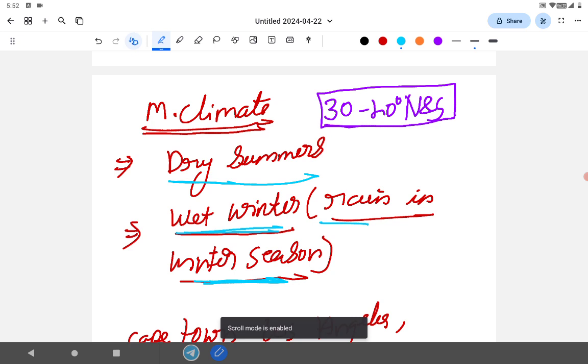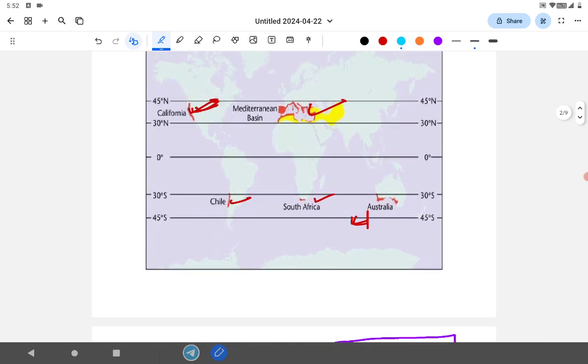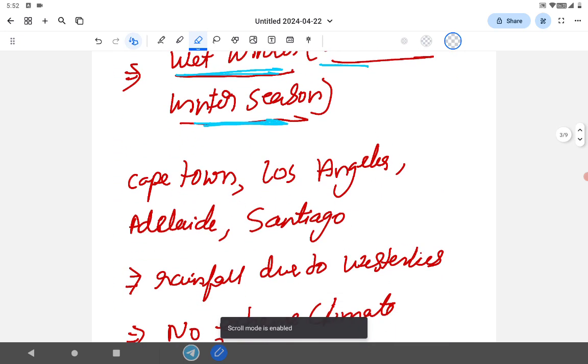One way of asking about the area which has a Mediterranean climate is they will give a few places. This was a previous year question.